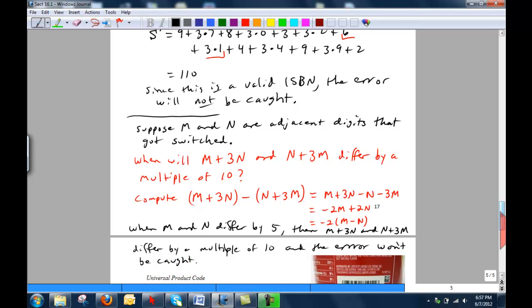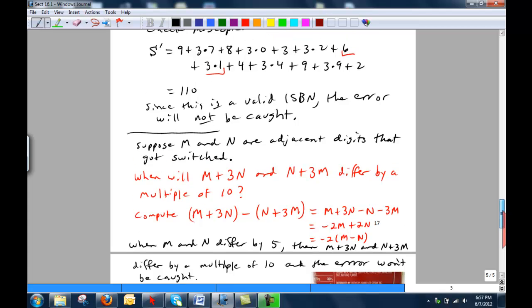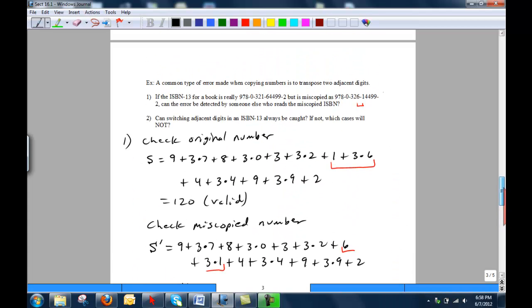And that's exactly what happened in the numerical case we were considering. You see, we had a 1 and a 6. Those two digits differ by 5, and so when we flip them, when we transpose them, the error was not caught. You could go back and check if this had been a 1 and a 4, say, sitting side by side, and you flip those two digits, that mistake would have been caught.